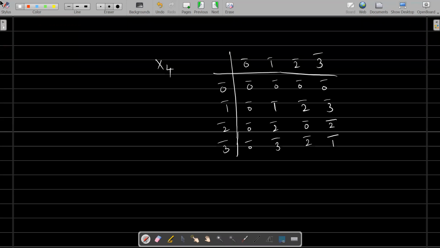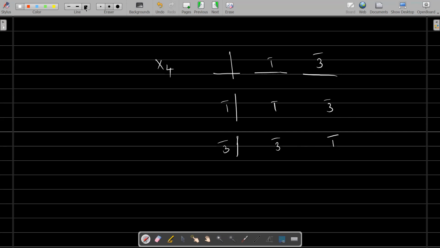So for example, let me throw away 0 and 2, because 2 does not have an inverse, and you see whatever table is left, that is surely a group.